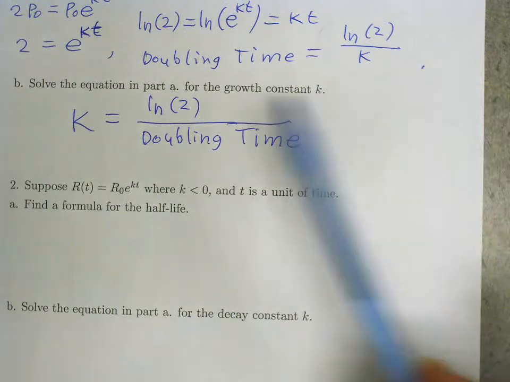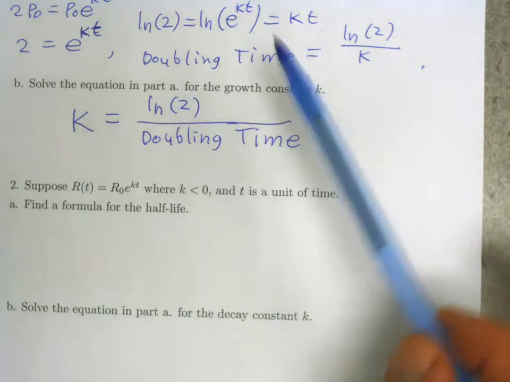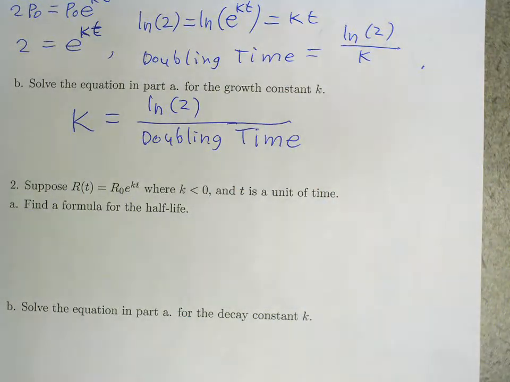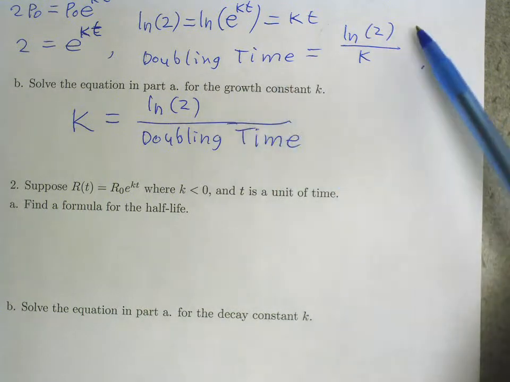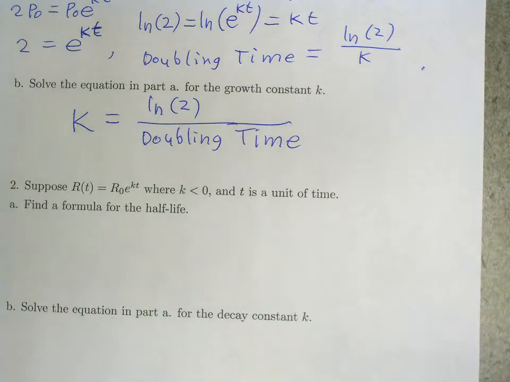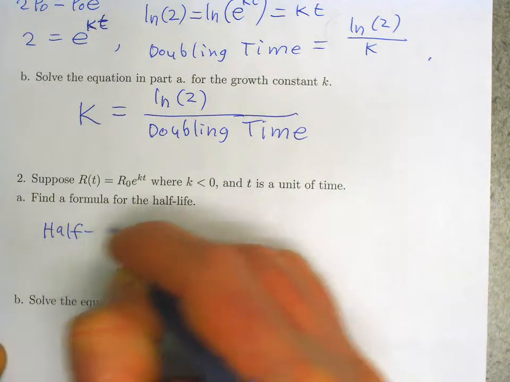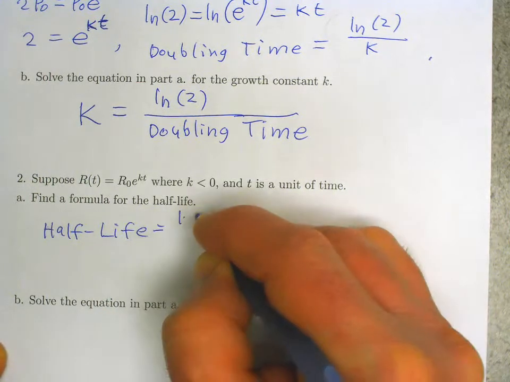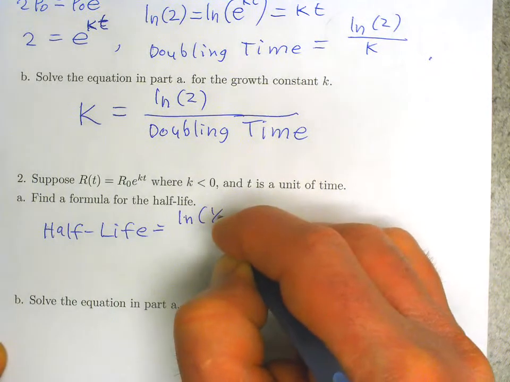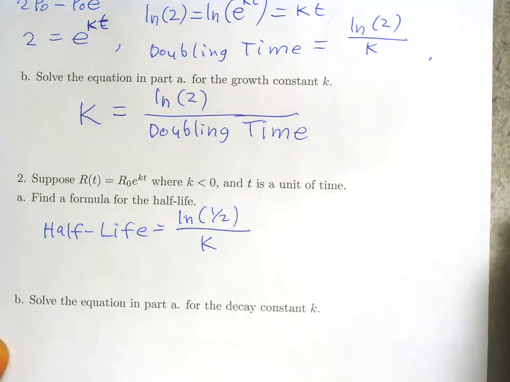Exponential growth is different from exponential decay, but there are certain things that are similar. So the half-life is just going to be the natural log of 1/2 divided by the continuous decay constant.